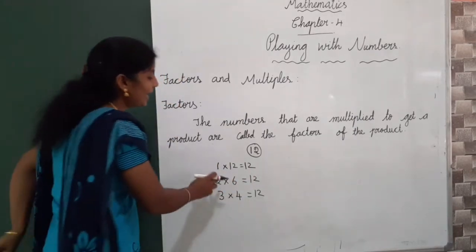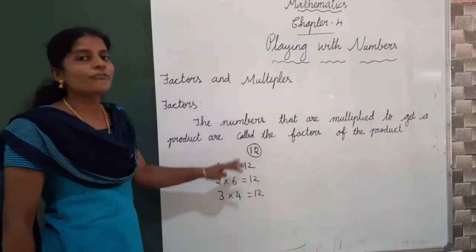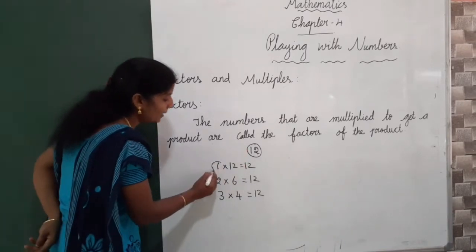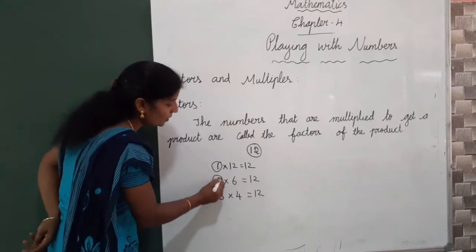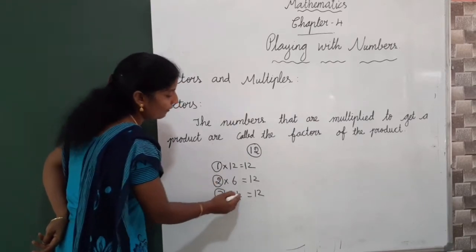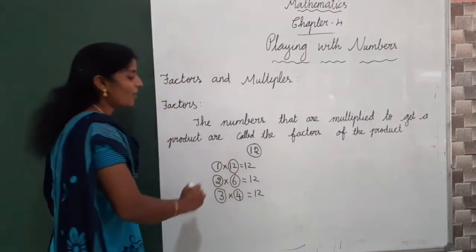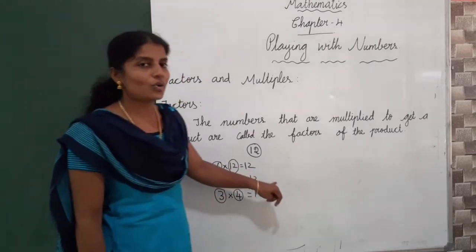So what are the factors of 12? 1, 2, 3, 4, 6 and 12 are the factors of 12.